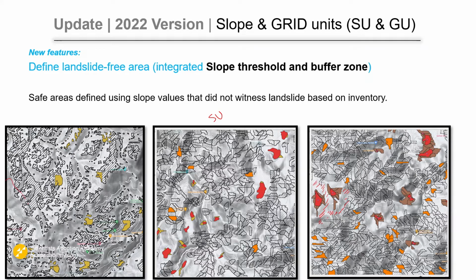This is the same region. We consider only the slopes within 0 to 10, for instance. So at least we assure that we are safe enough for this specific assumption. All right.